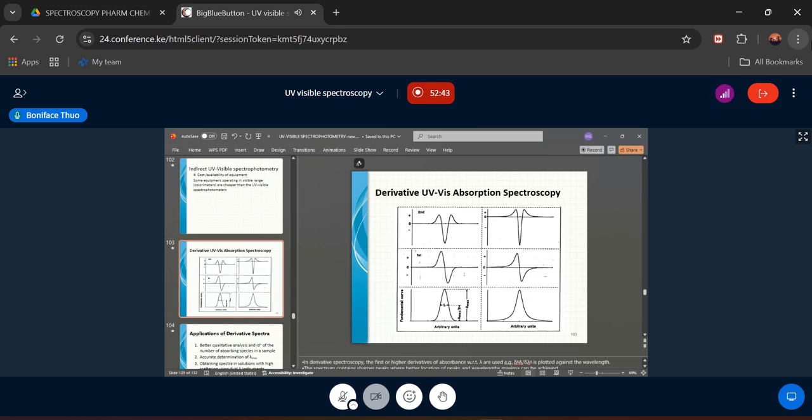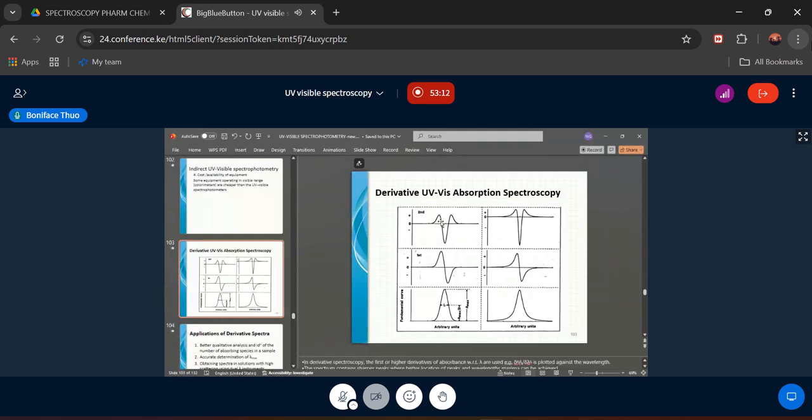And it is achieved by plotting the various derivatives, measuring and plotting the changes of absorbance relative to wavelength. So you can have the first derivative, second derivative, etc. And depending on the derivative, you get different curves.